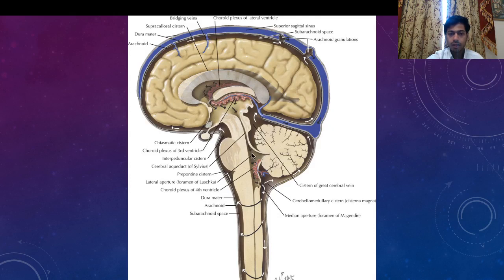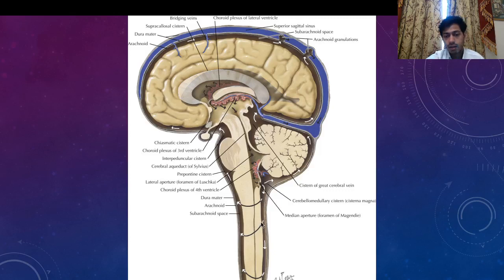And then after it has entered this tent-shaped fossa, which is the fourth ventricle, most of the CSF will reside in the subarachnoid space in the spinal canal. And how does it get into the subarachnoid space?